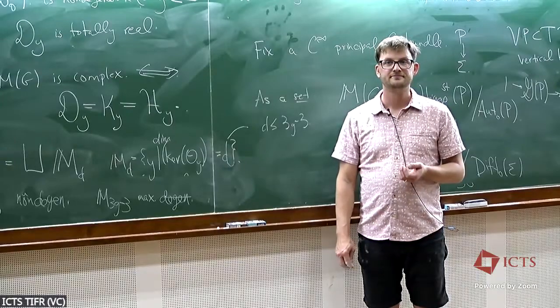Any questions? I have a quick question. This omega 0 gives you a presymplectic form on this M_G, right? Do you expect some natural description of the associated symplectic space when you quotient out by the kernel of the form? I don't know, I haven't thought about it.